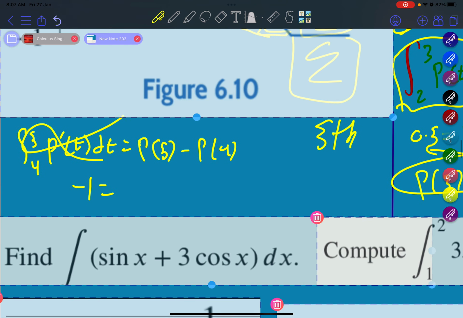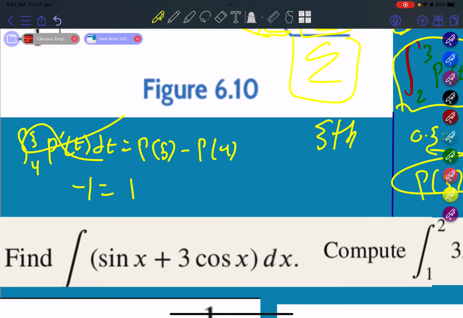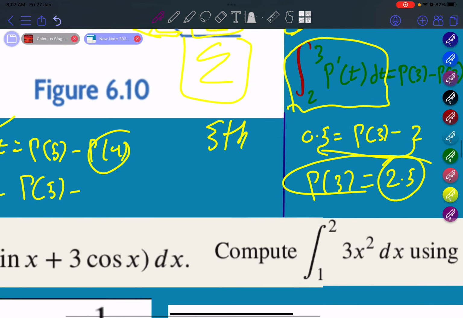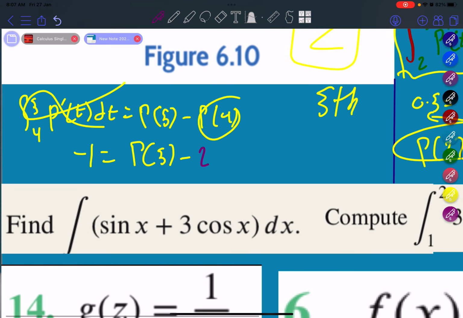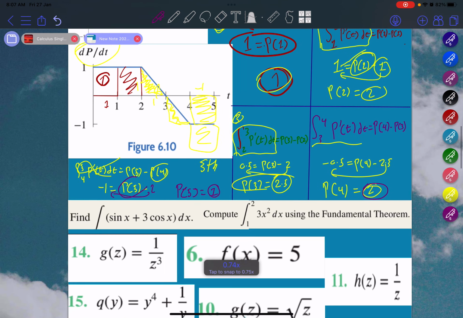Then p of 5, we do not know yet, minus p of 4, which we know is 2. So let's put 2 and transfer to the other side to isolate p of 5. Hence p of 5 equals negative 1 plus 2, which is 1.